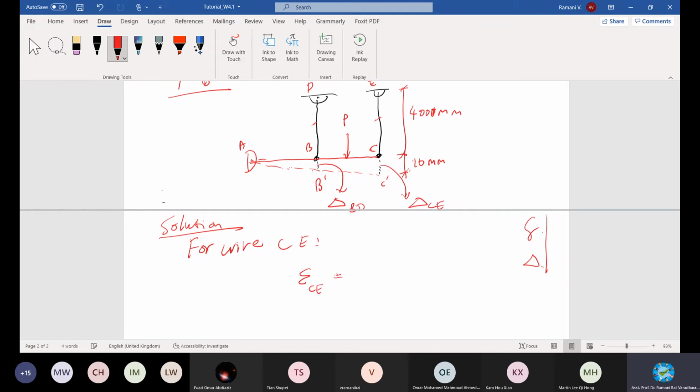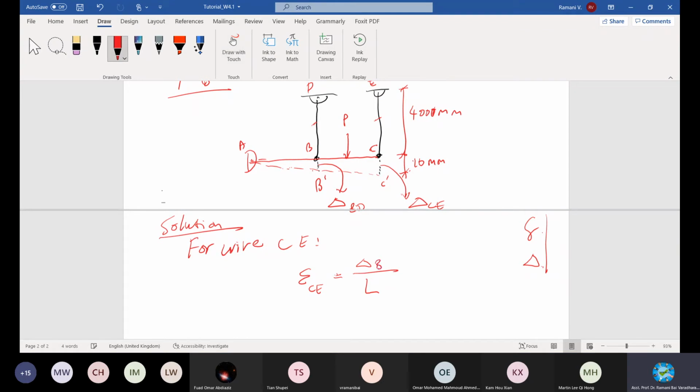What is the definition of strain? Anybody? Quickly, please. Deformation.